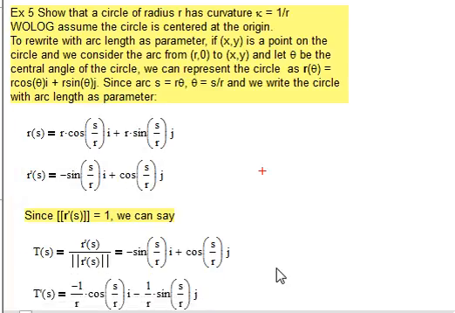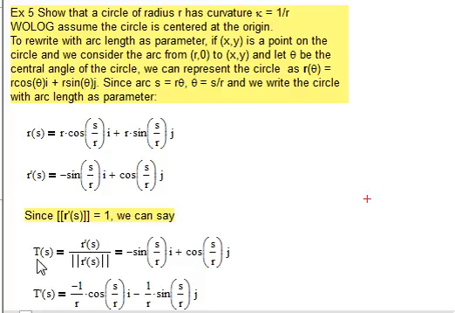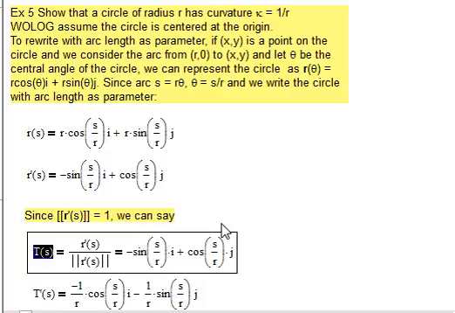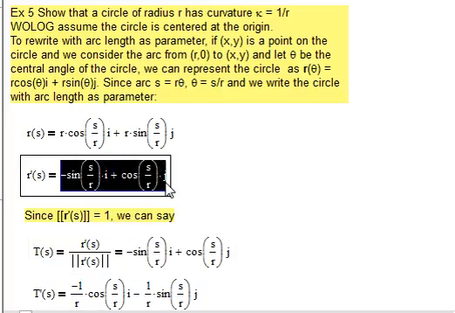So we can say that the unit tangent vector with arc length as parameter is the derivative of that vector with arc length as parameter divided by the length of that derivative. Of course, the length of that derivative is 1. So it's just going to be r prime of s.